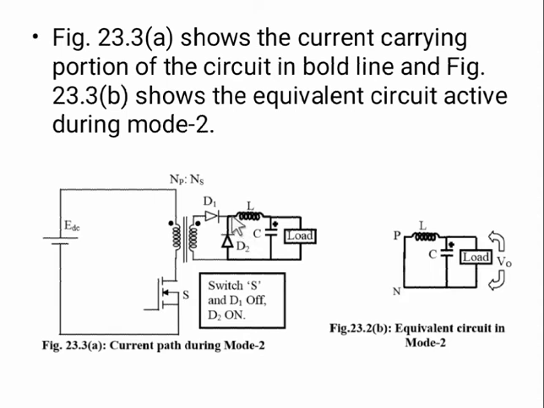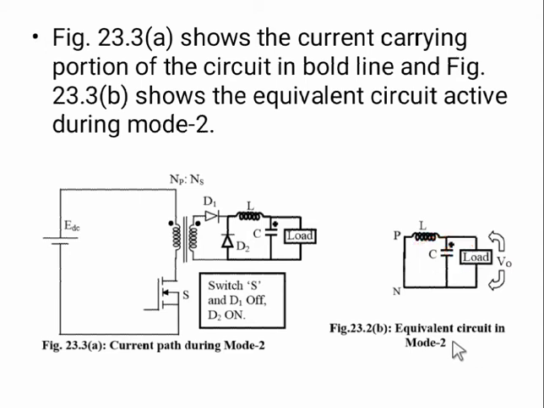If we short circuit these two terminals P and N, what remains is L and C. So in these conditions, power is transferred through the inductor to the load and also from the capacitor. The inductor releases energy in the same direction, but the capacitor releases energy in the opposite direction.